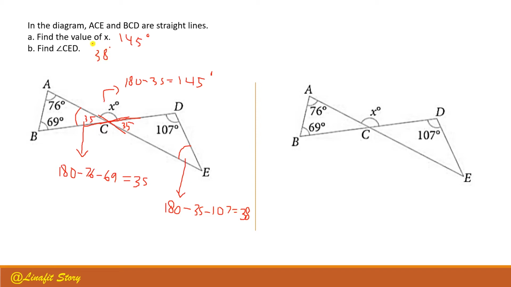The second method. The exterior angle is equal to the sum of the two opposite interior angles. So x is the exterior angle of triangle ABC and triangle CED.